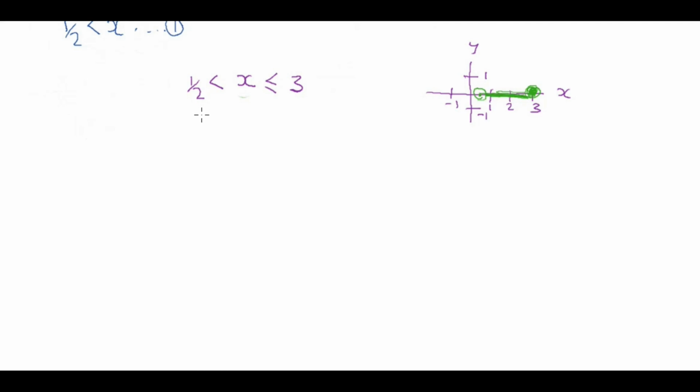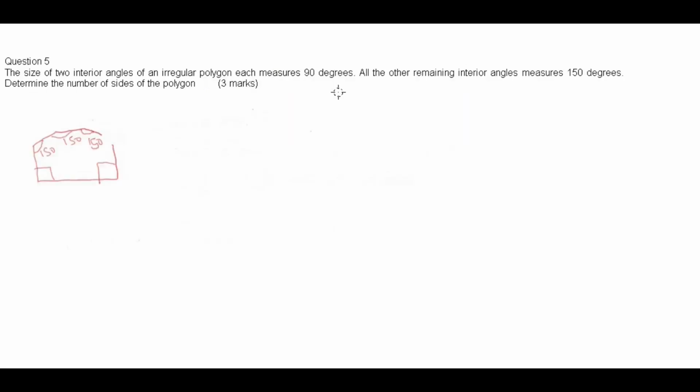Okay, it says two interior angles of an irregular polygon each measure 90 degrees. All the other remaining interior angles measure 150 degrees. So you have been asked to determine the number of sides of the polygon. I've drawn the polygon here.